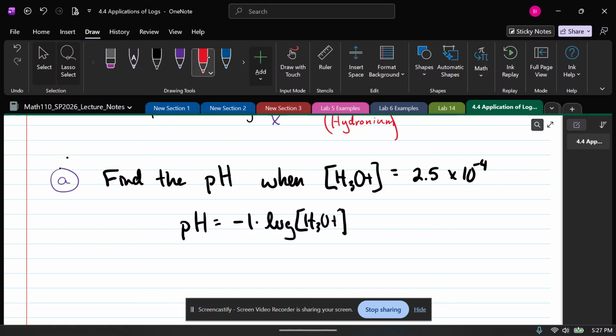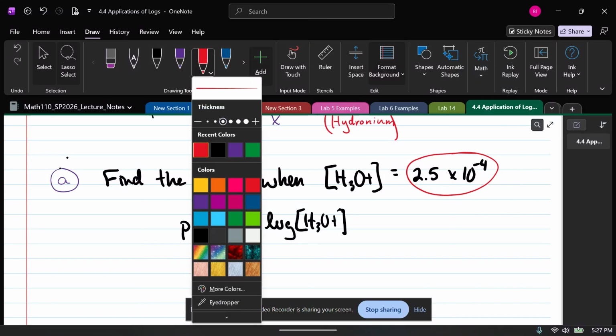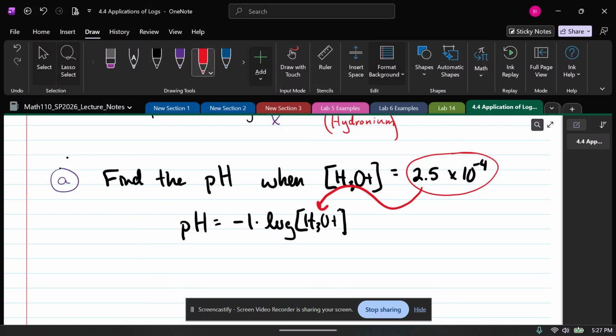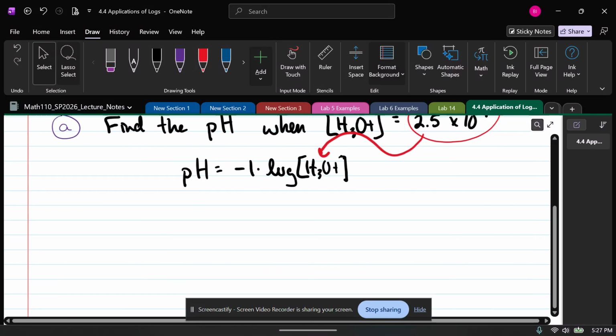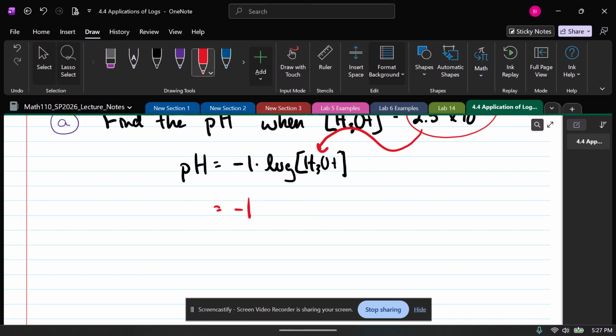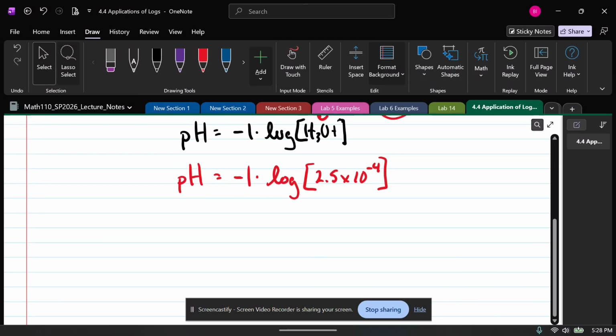So we plug that number in: -1 times the log of 2.5 times 10 to the negative 4 power. Whatever we get for that logarithm, multiplied by -1, is going to give us the pH.